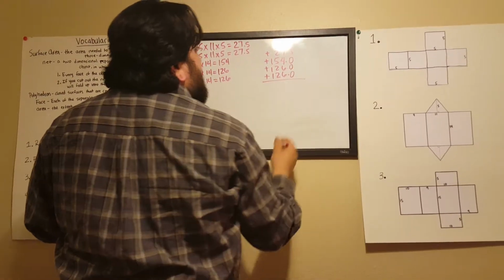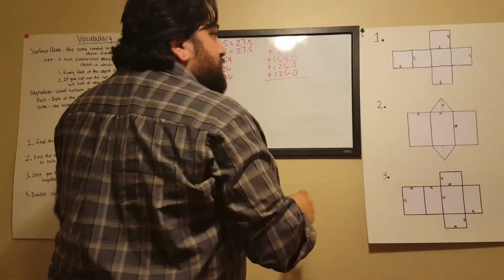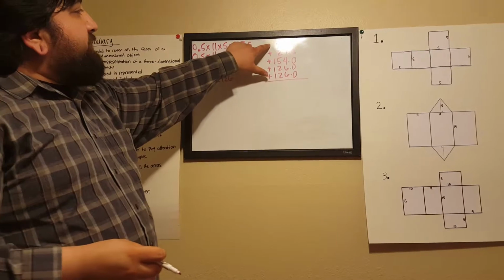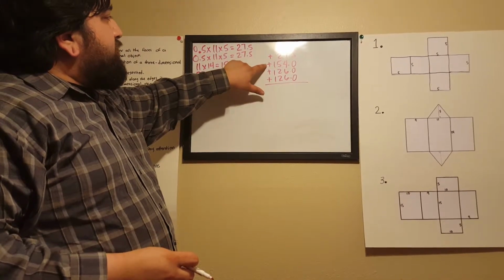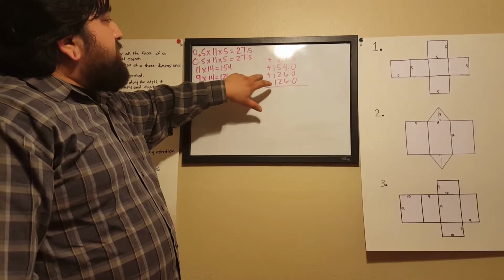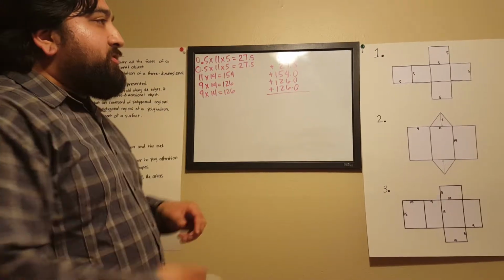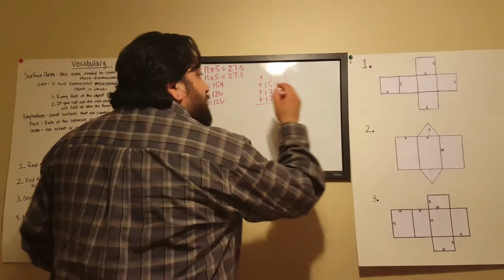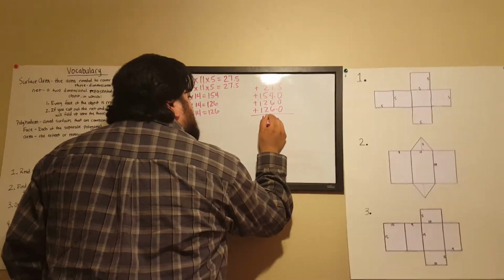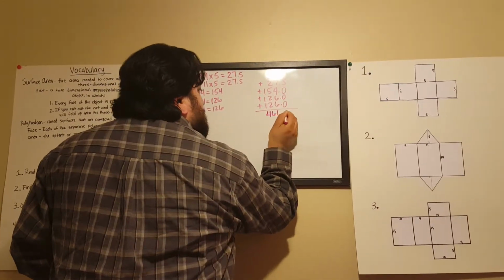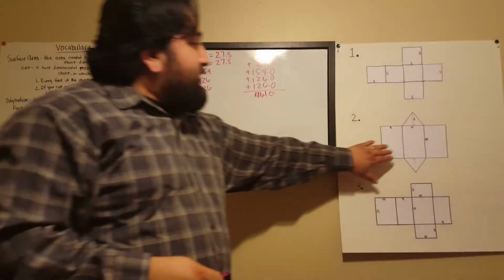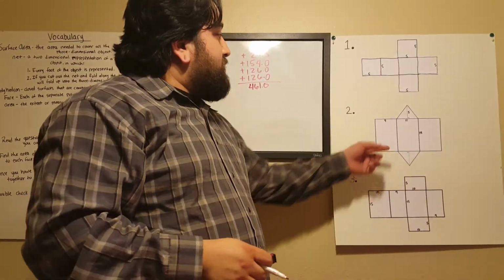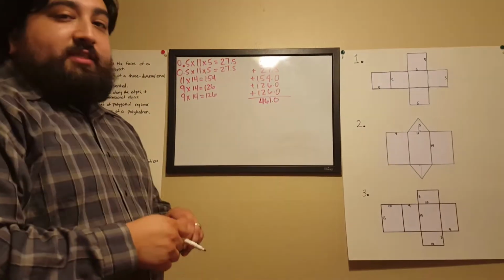Kind of fill up the place value. So 27.5 plus 27.5 plus 154 plus 126 plus another 126 will give us a total of 461, class. So that means that the surface area for this net would be 461.